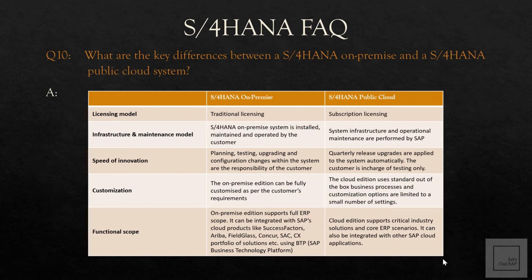On-premise edition supports full ERP scope. It can be integrated with SAP's other cloud products like SuccessFactors, Ariba, Fieldglass, etc. Cloud edition doesn't have full ERP scope, but it supports critical industry solutions and core ERP scenarios. It can also be integrated with other SAP cloud applications.